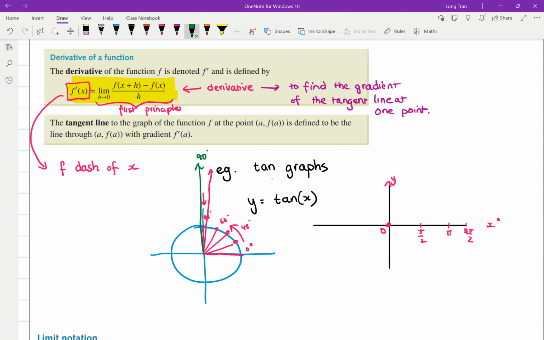Undefined, which is why in our graph we drew an asymptote, right? And if you were to draw this, this is how your graph would look. You would say it's getting larger and larger and larger. So from here, I'm just representing what's happening to the gradient. Gradient's increasing, increasing, and it gets infinitely large as it gets closer to 90 degrees. But as soon as it hits 90 degrees, it's undefined. So at that very point, I don't have anything.